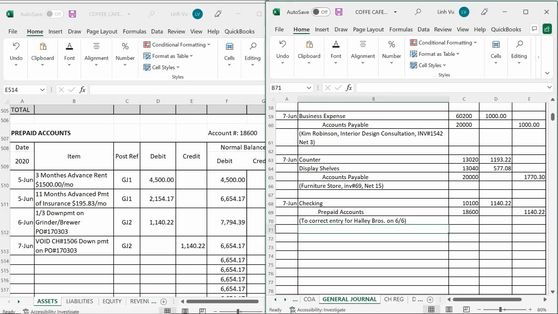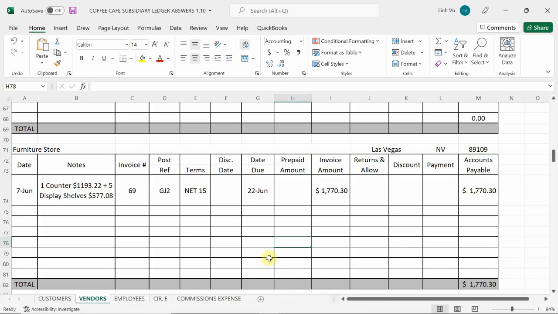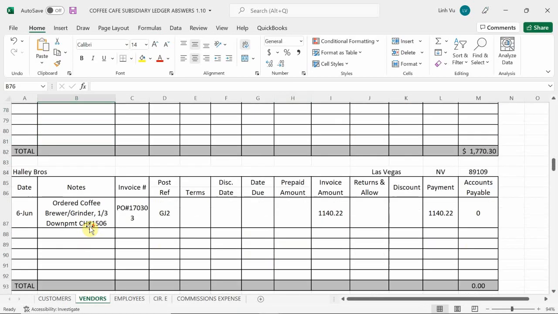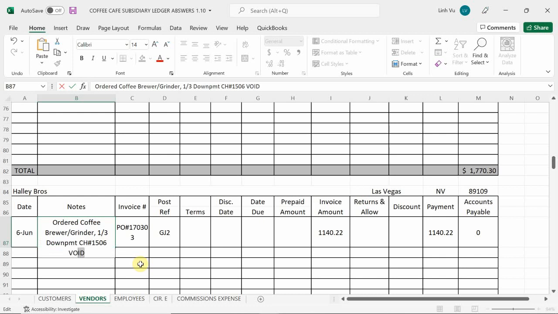So now that I did that, now what do I do to my subsidiary ledger? In this case, if I go to my subsidiary ledger, I'm just going to edit and modify that this right here is voided. So that's all I have there because in this case, I don't need to remove it. I don't need to make any changes to it because I want to keep a track record of where my money went.